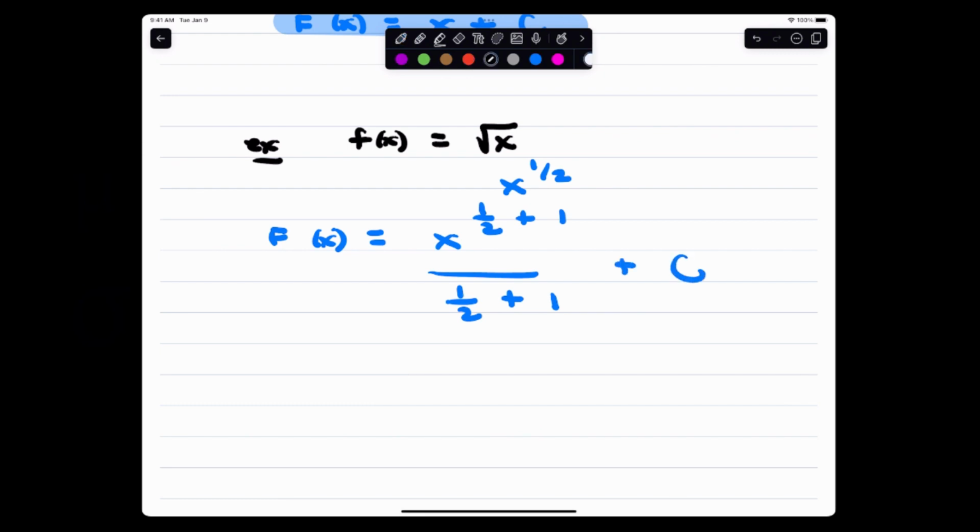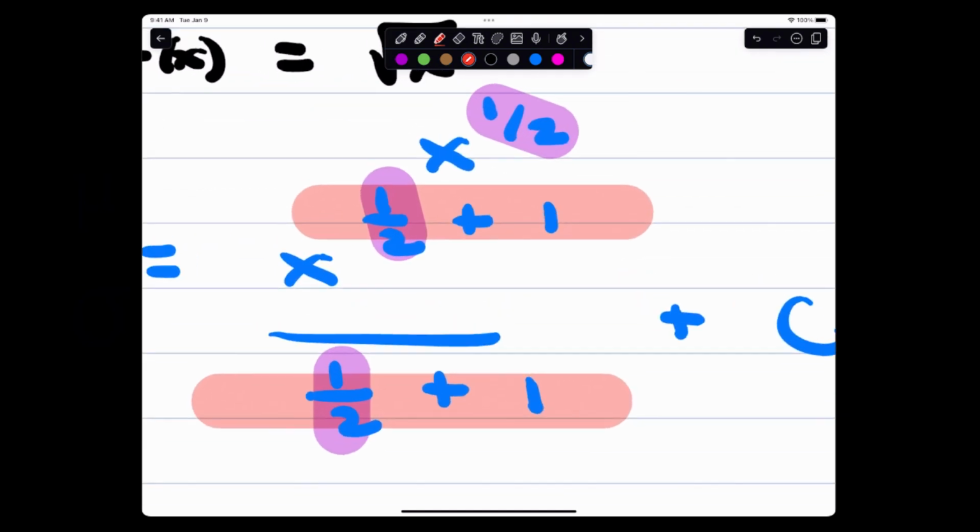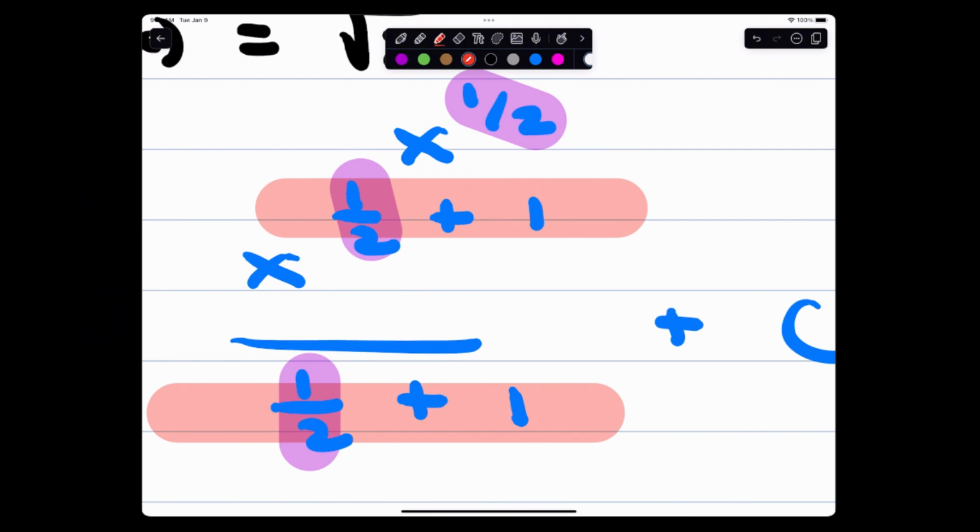So I'm just going to go back and emphasize what we did here, okay? This is my new power, and then this is a new denominator as well. So what I say to you is, you're going to have to learn what? Arithmetic with fractions. You might say, really?